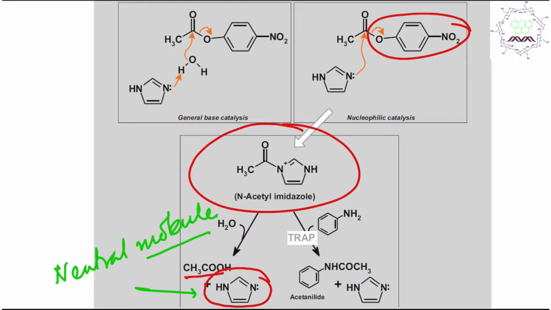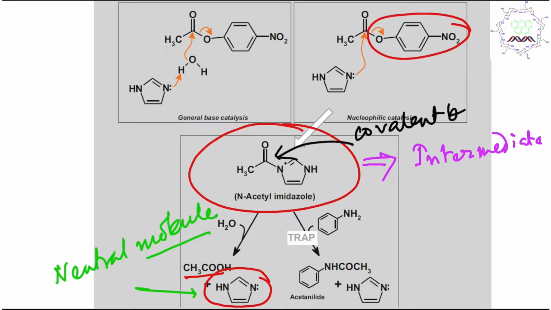Now the interesting part is that, student, this is actually the intermediate of this reaction. Here there is a covalent bond between the reactant and the imidazole moiety, or you can say the catalyst. So that's why this is called covalent catalysis.